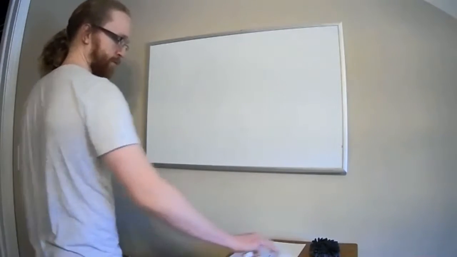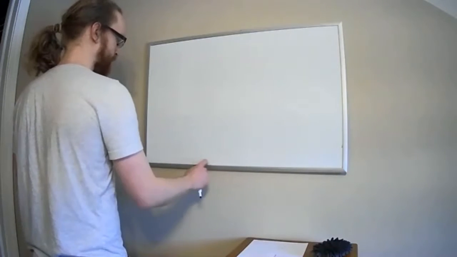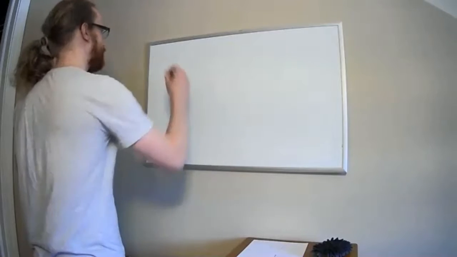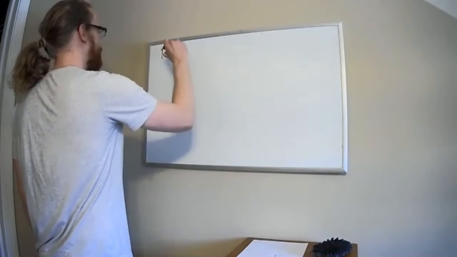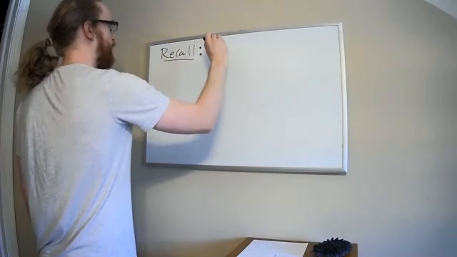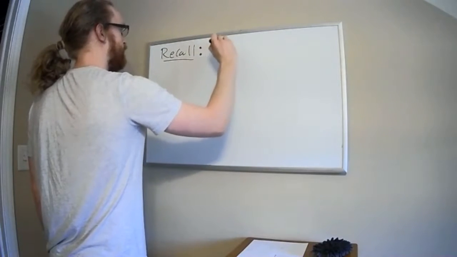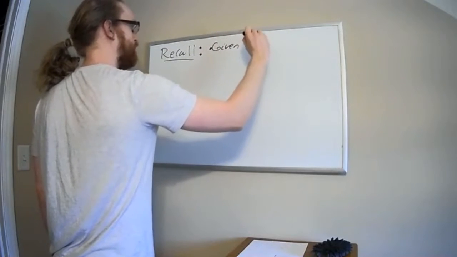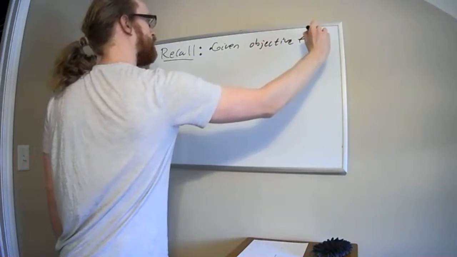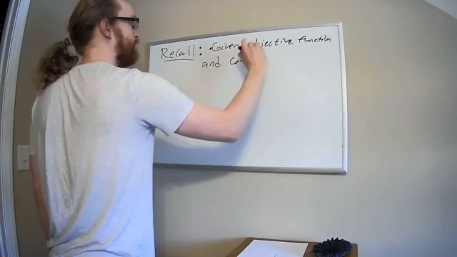So for today, I want to continue from where we were yesterday. Yesterday, I taught you basically how we're solving these linear programming problems. Just a quick refresh of what we did: we had our objective function, and constraints, or maybe we have to find them.